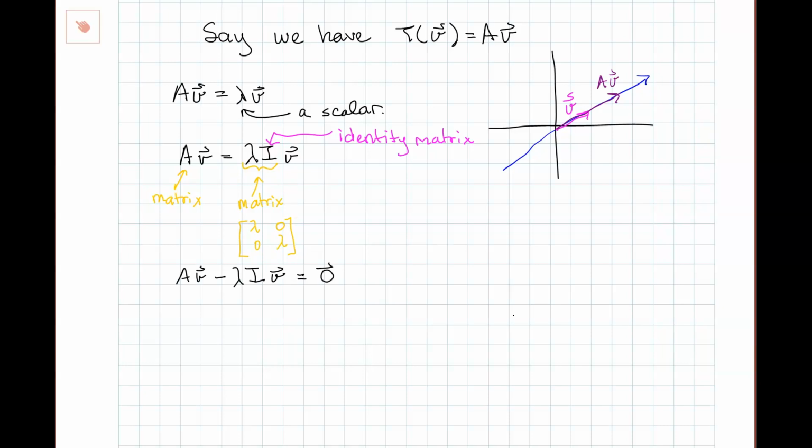I have to keep it on the right-hand side, of course, but I can factor this out. And the result will be this. So now I have the matrix A minus lambda I times vector v is equal to 0.